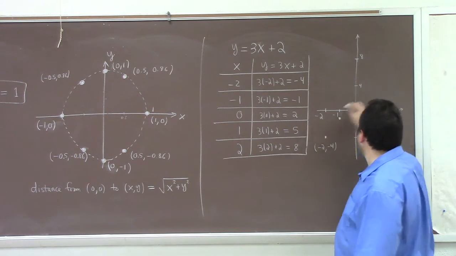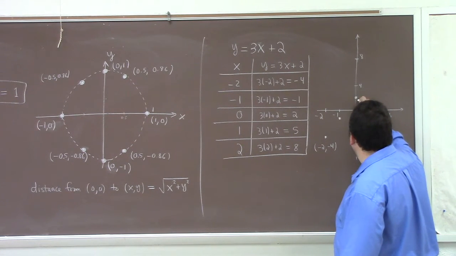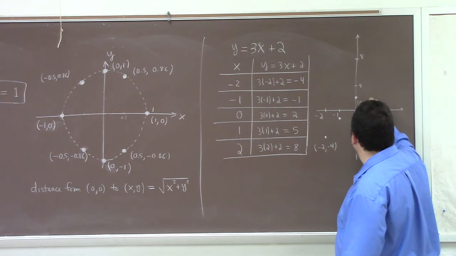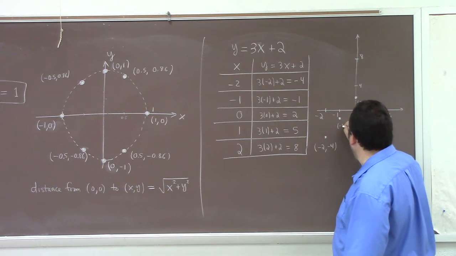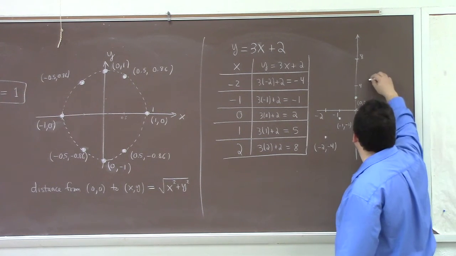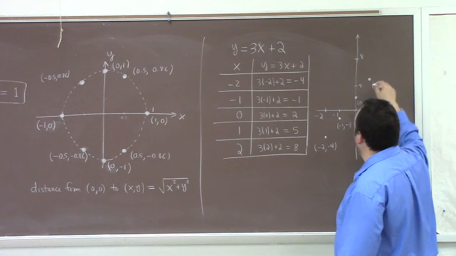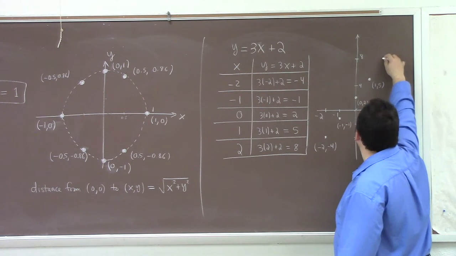And then at 0, we're at 2, right? And then when we get to 1, we're at 5. And when we get to 2, we're all the way up to 8.